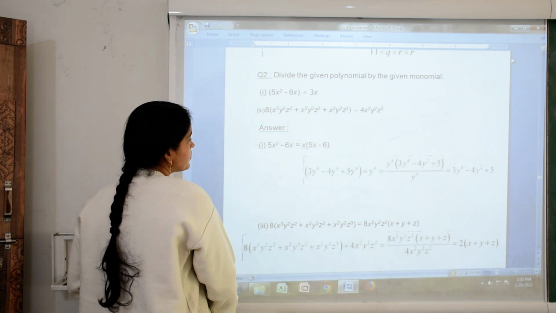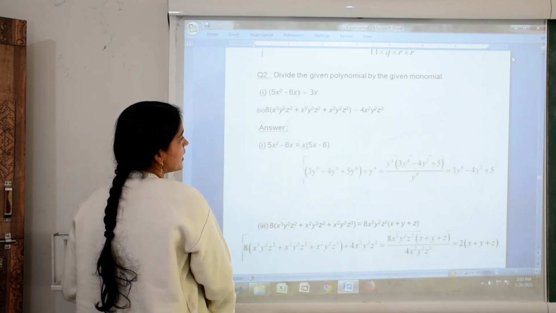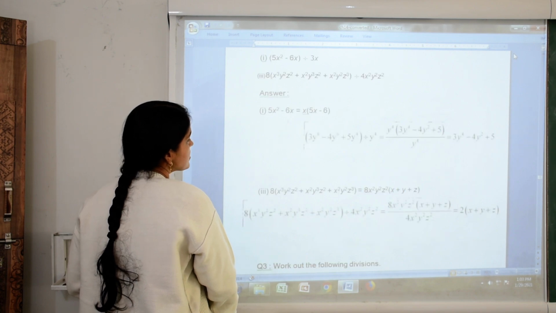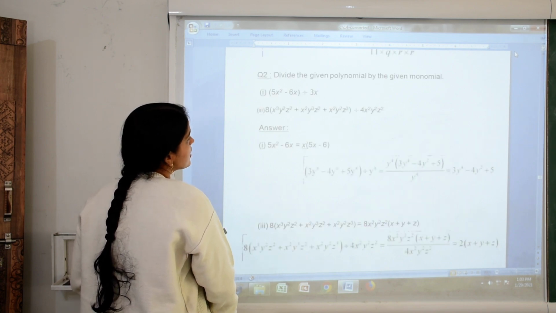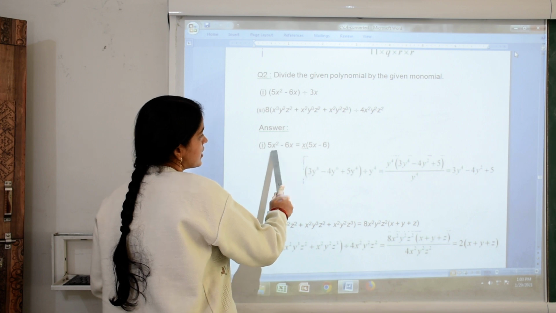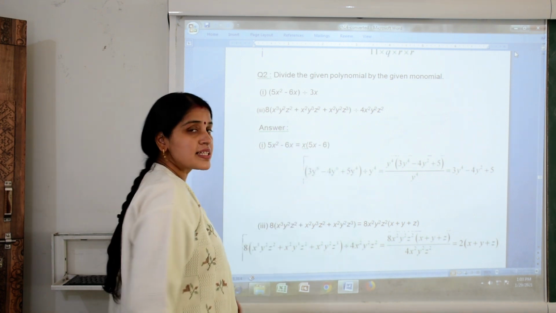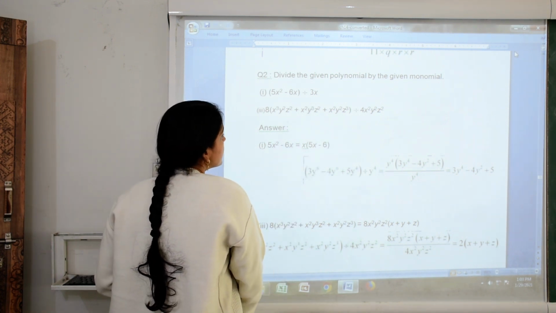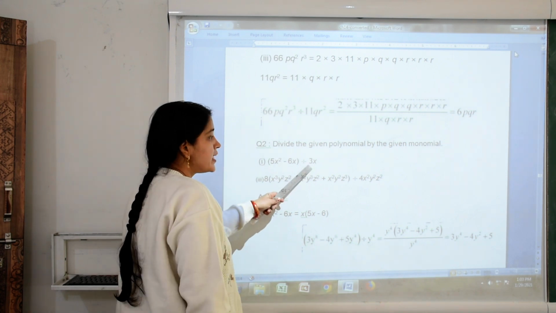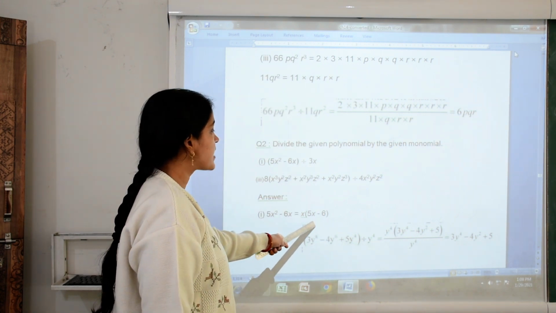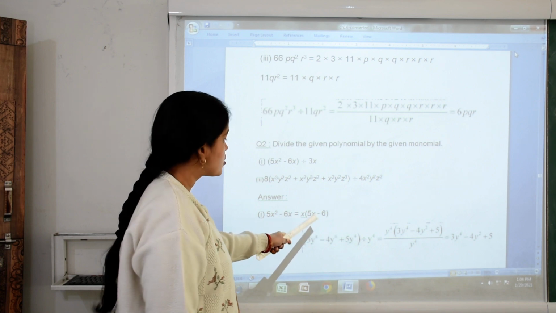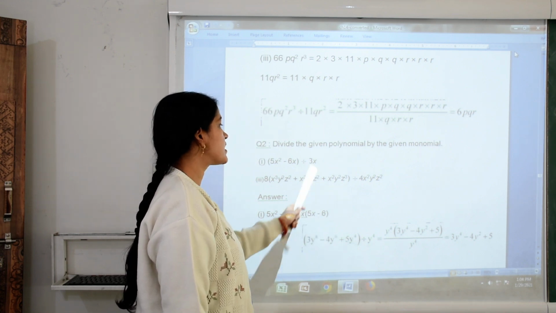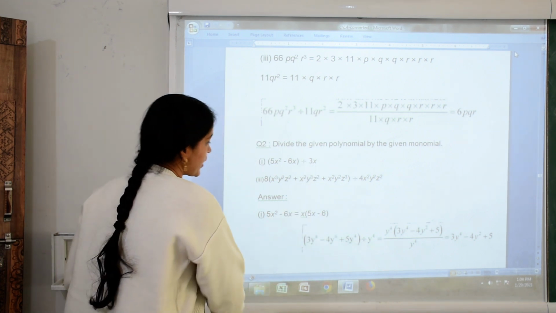So first of all we have to find the factors of 5x square, that is x, and in bracket 5x minus 6, then it is divided by 3x, so here x and x get cut, so left is 5x minus 6 upon 3. Okay.